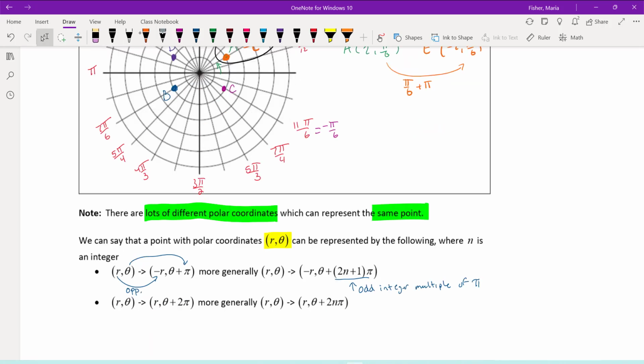If you want r to remain the same, you're going to add 2 pi units to your angle. More generally, again, if you want r to remain the same, so if it's negative, it stays negative. If it's positive, it stays positive. You add an even integer multiple of pi.